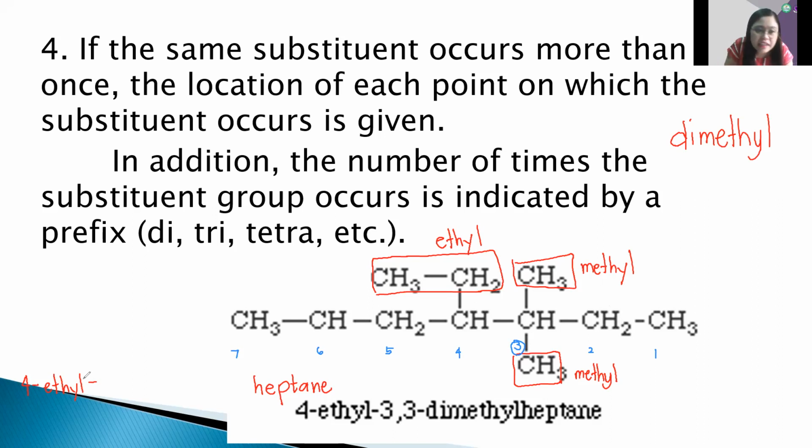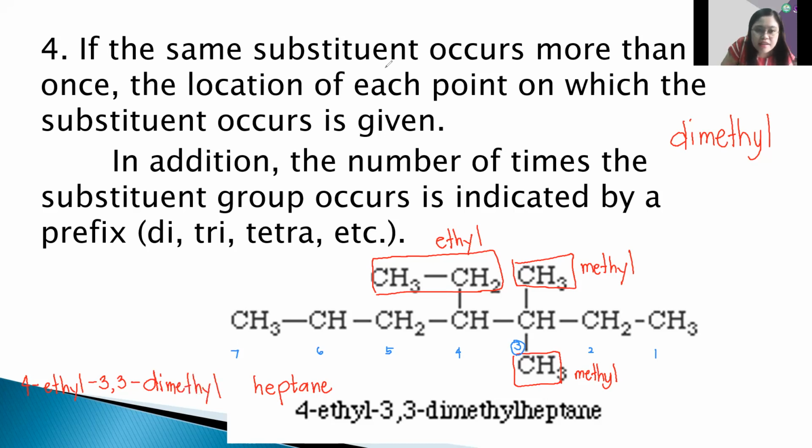This is what we will write, class: 3, 3. Both 3, you write, because both are bonded to carbon number 3. So two 3s separated by a comma and then a dash. Then you write dimethyl.